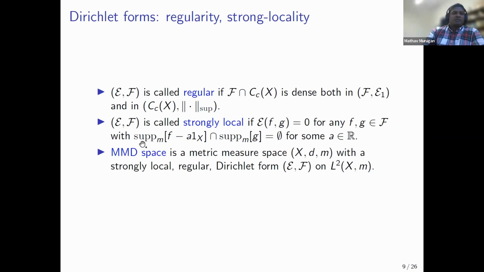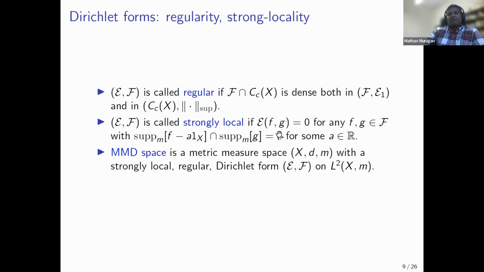That's the condition. But to say that f is constant in the support of g, we have to look at the support of the measure g dm and the support of the measure (f minus some constant) times the measure dm. So it has to be interpreted properly. Essentially what this says is that if f is constant in the support of g, E(f,g) is 0.